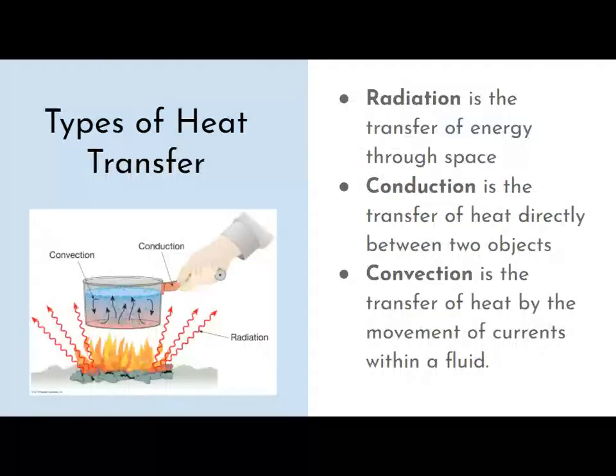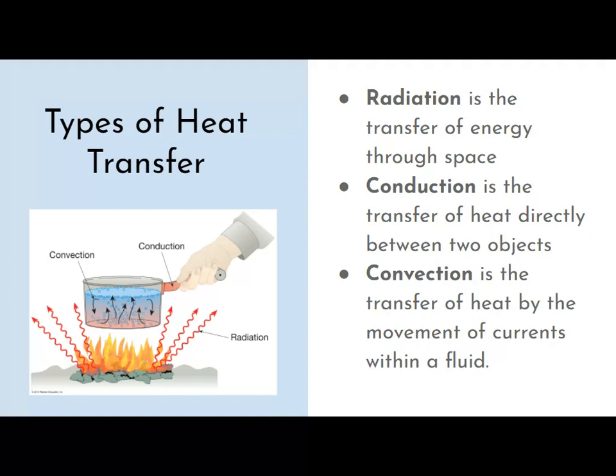So, when we talk about heat in the troposphere, there are different ways heat can interact, and those are radiation, conduction, and convection. All of these happen in the troposphere, but we could also think about them in ways that we interact with them in everyday life.